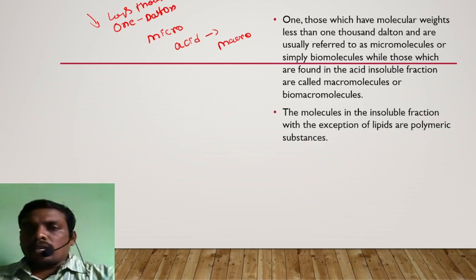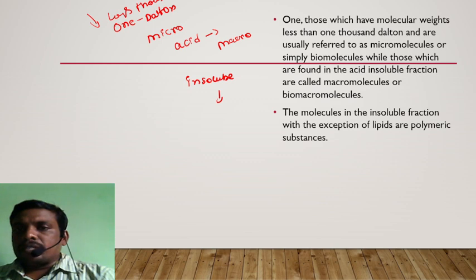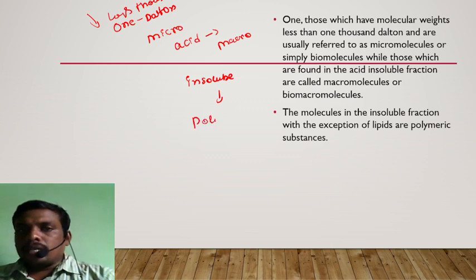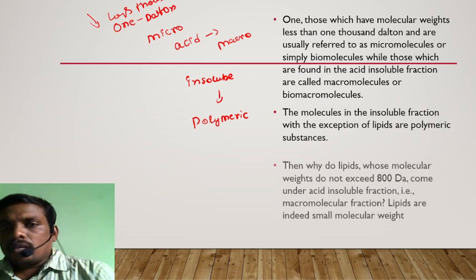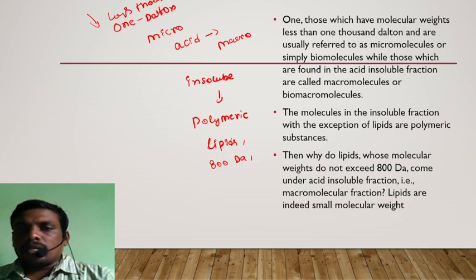The molecules in the insoluble fraction, apart from lipids, are polymeric substances. And then, if you carefully observe, why do lipids, whose molecular weight does not exceed 800 daltons, come under the acid insoluble macromolecular fraction?